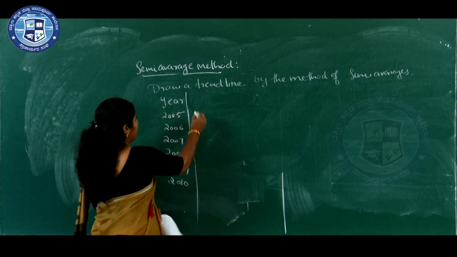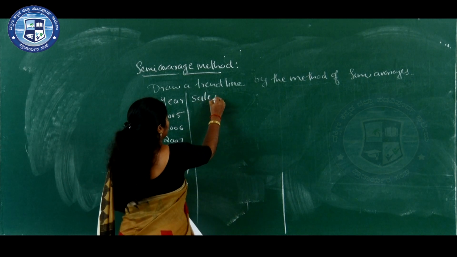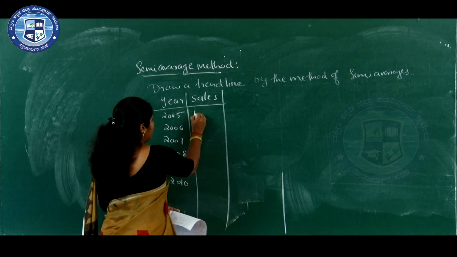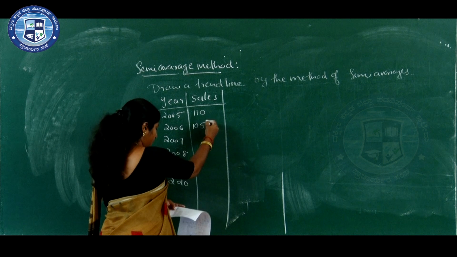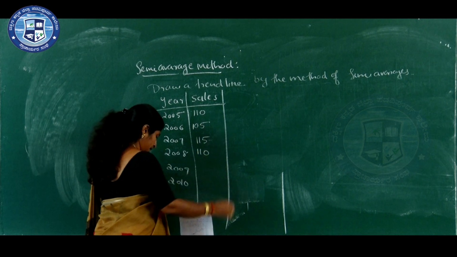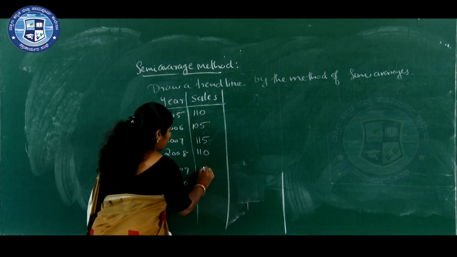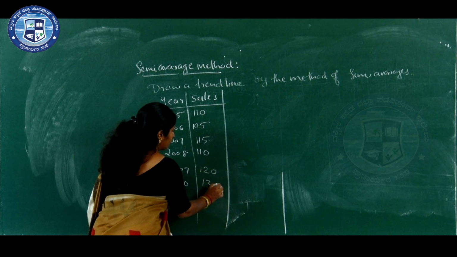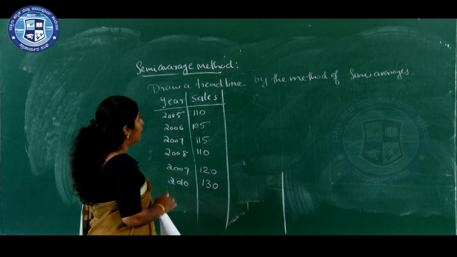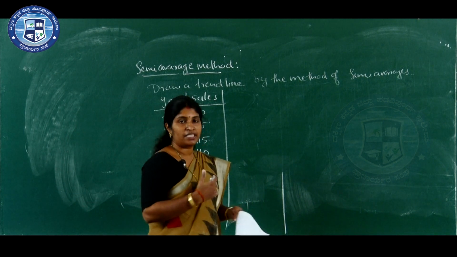The next column is sales: 110, 105, 115, 110, 120 and 130. So draw a trend line by the method of semi-averages.